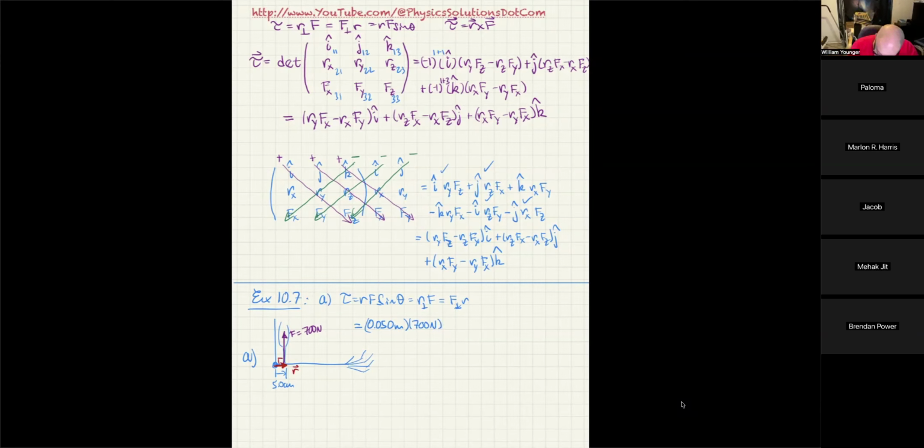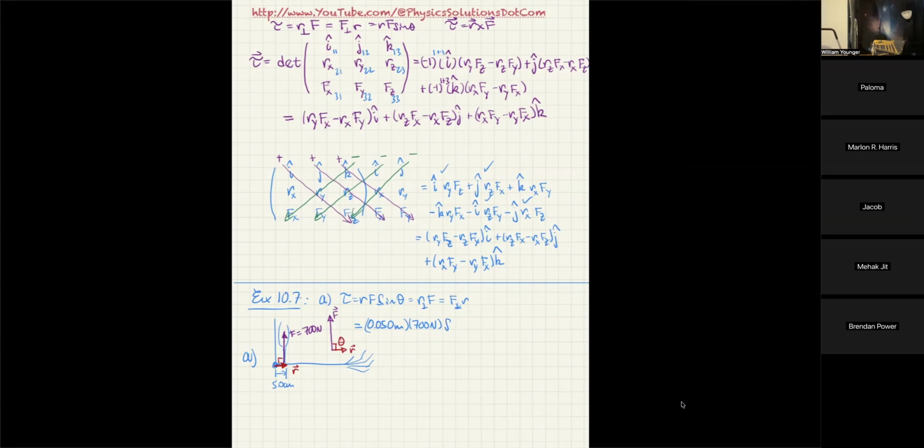Now remember, the angle between them is when they're tail to tail. So if I drew the diagram properly, we would show R like this, and F like this. Now you see they are in fact tail to tail, and the angle between them, theta, is equal to 90 degrees.